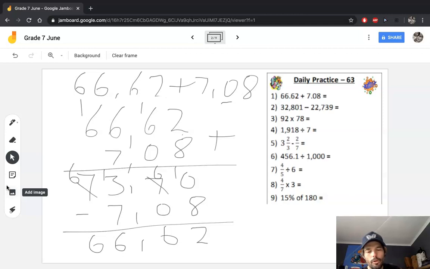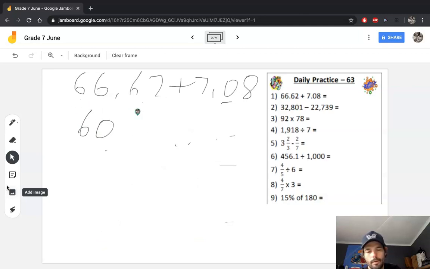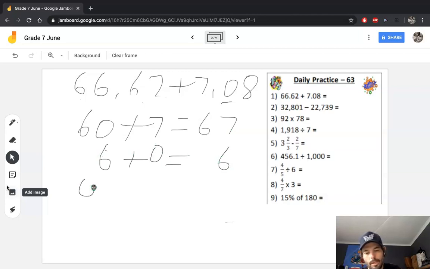Okay, you can split up the numbers there, guys, if you would like. So what I mean by that is you can say 60 plus 7 equals 67, 6 plus nothing really equals 6. Then you can add the tenths, 0,6 plus 0 again is 0,6.